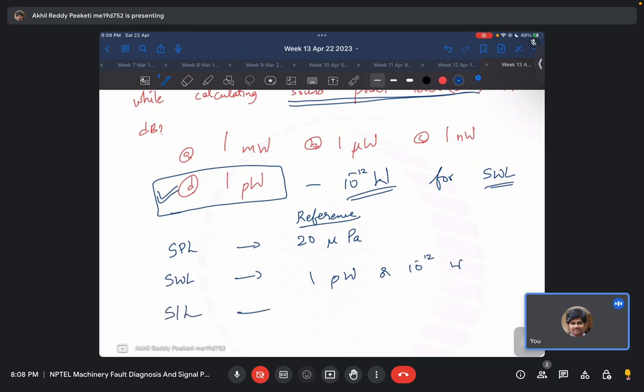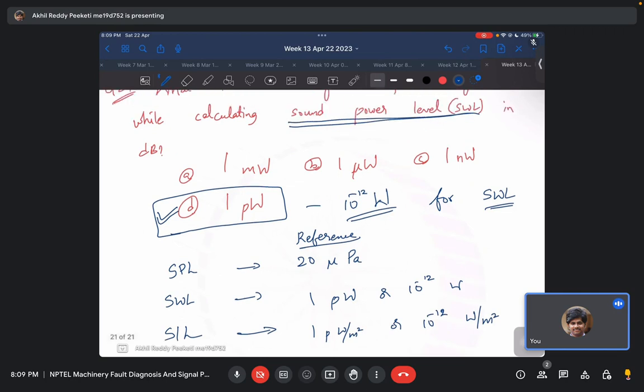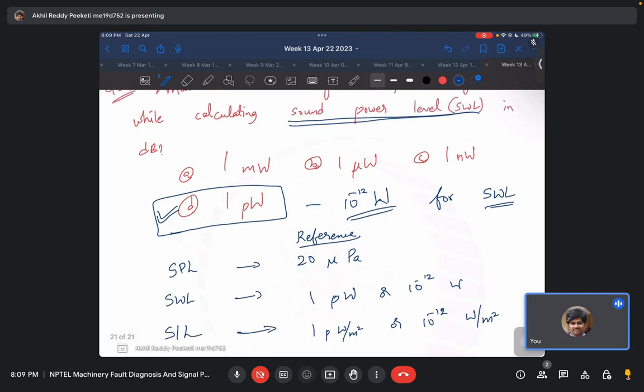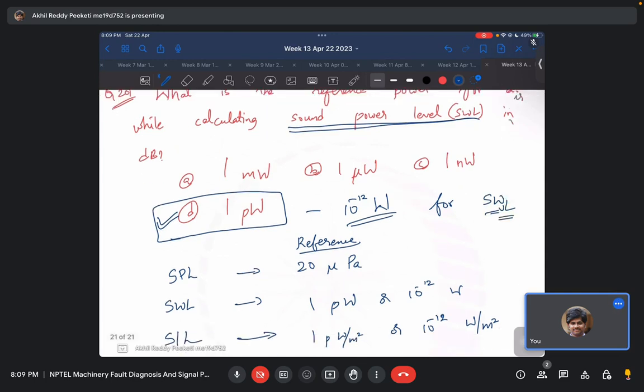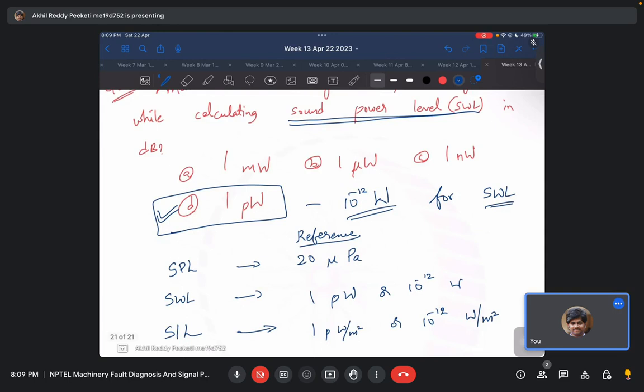And for sound intensity level, the reference used is 1 picowatt per meter square or 10 power minus 12 watt per meter square. So these are the reference levels used in different measures of sound intensity. In the case of sound power level, it is 1 picowatt or 10 power minus 12 watt.